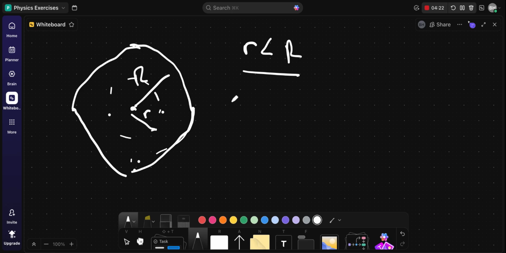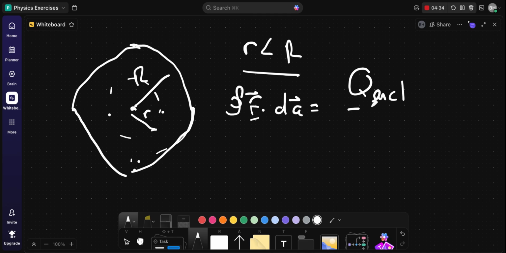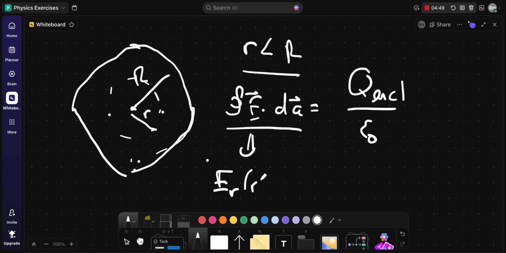Now again, here's our Gauss's law, but I shouldn't have to write this because we already know, from the previous video, that in this case the left-hand side of Gauss's law becomes E_r times 4 pi r squared.